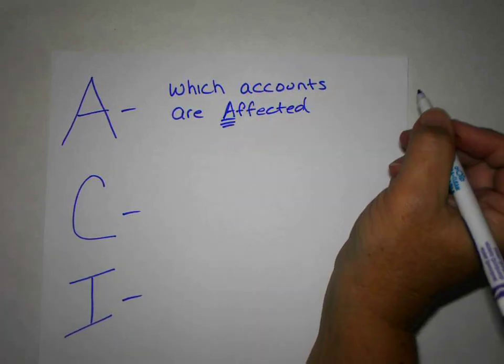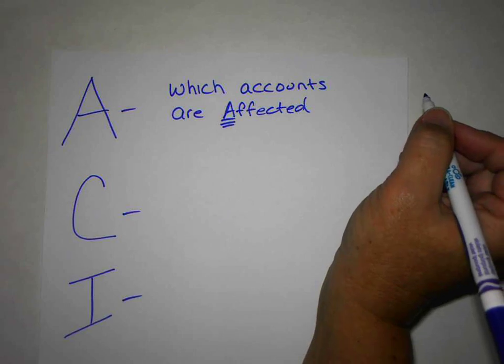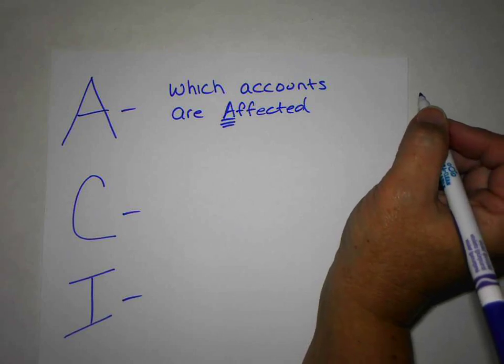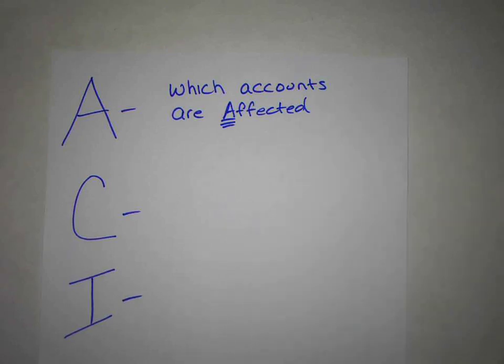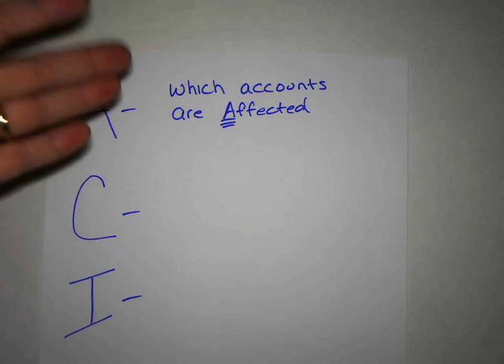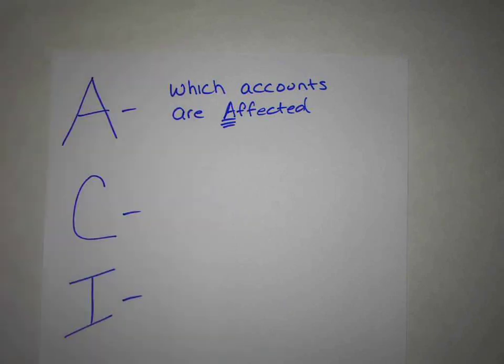Okay, so when we look at a transaction, bought supplies on account, the first thing that you need to figure out is which accounts are affected. And for right now, we're just affecting 2 accounts, pretty much. Which accounts are affected? Well, is it going to be cash? Is it going to be supplies? I've kind of asked you those questions as we've started going through some of these transactions. But that's the first thing you've got to figure out. Which accounts are being affected?